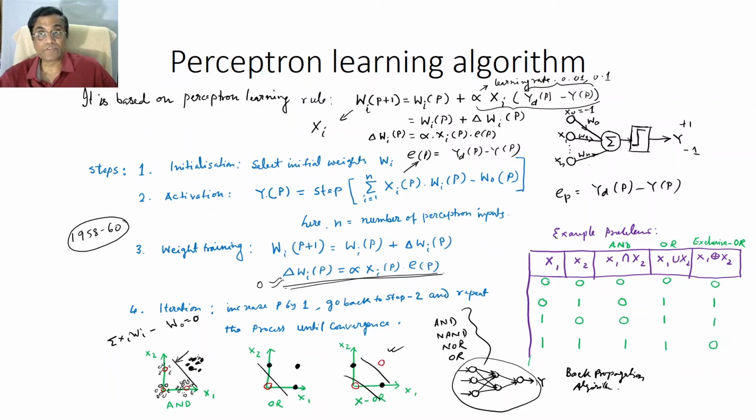Which we are going to study next, but it is extremely important to know that for several years, because of the computation power, the backpropagation algorithm requires a lot of computation. Because it was not there, great ideas like the perceptron learning algorithm were suppressed.